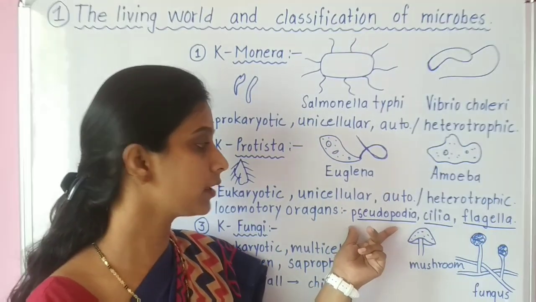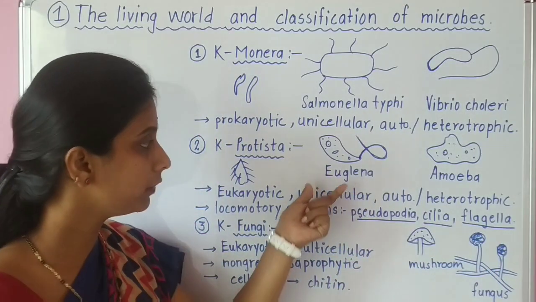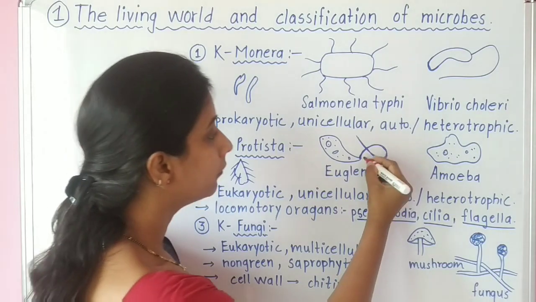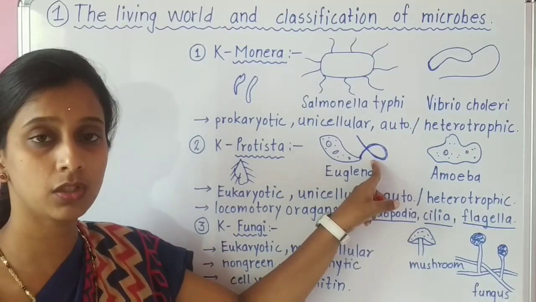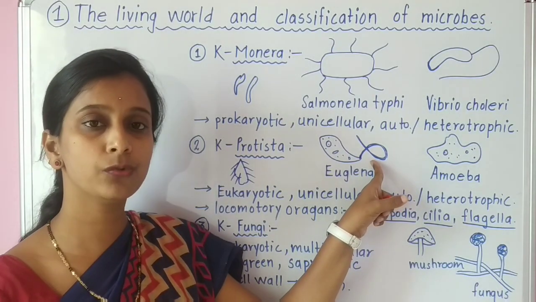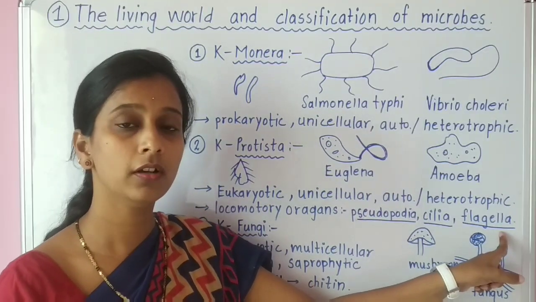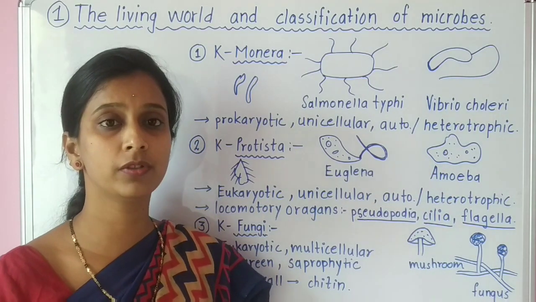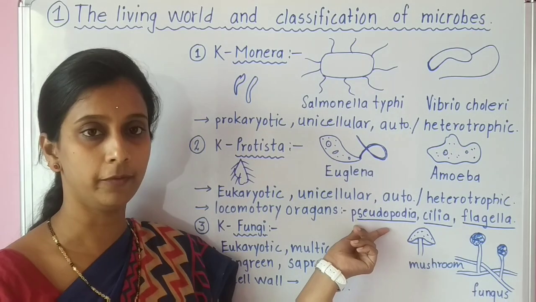These organisms have pseudopodia, cilia and flagella. If we see here, this Euglena has a whip-like structure at the end, and this is used for movement, for locomotion, and it is called flagella. In amoeba, we know that amoeba moves, so which organ is present here? That is pseudopodia.